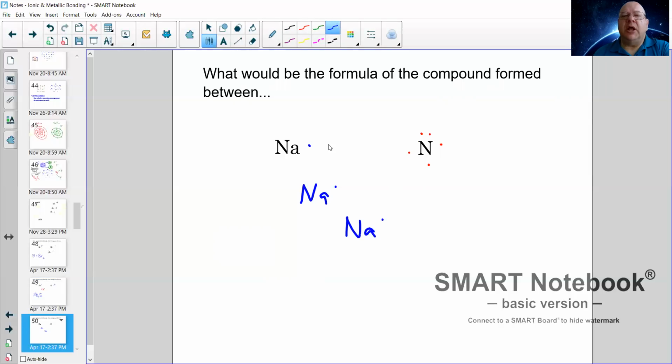Okay, we can have this electron, this electron, this electron, and that means each sodium is going to end up with a single plus, and the nitrogen is going to end up with a 3 minus, and our formula would be Na3N, sodium nitride.